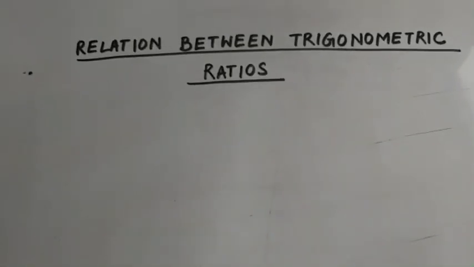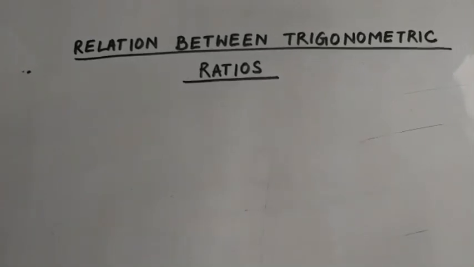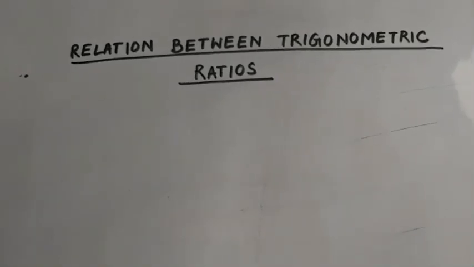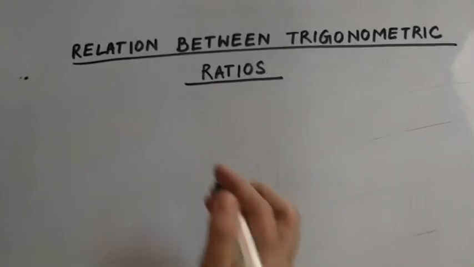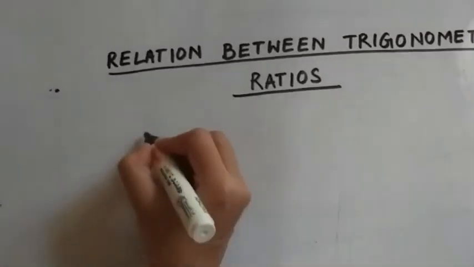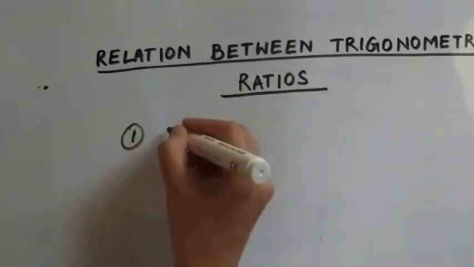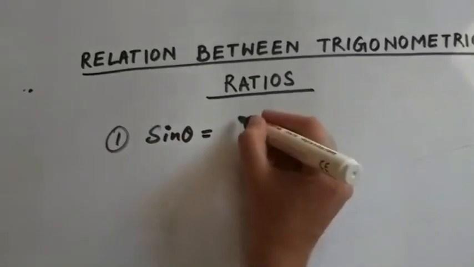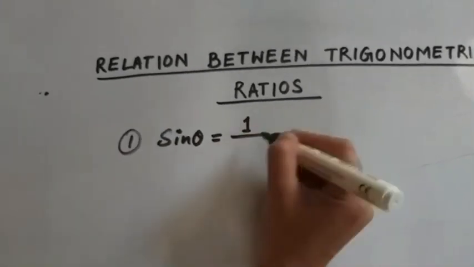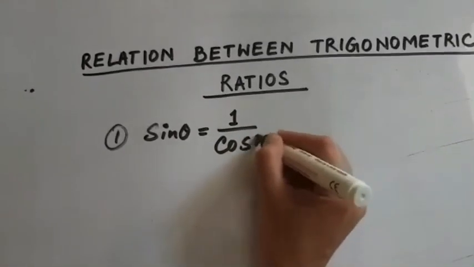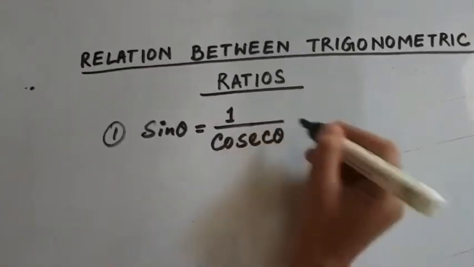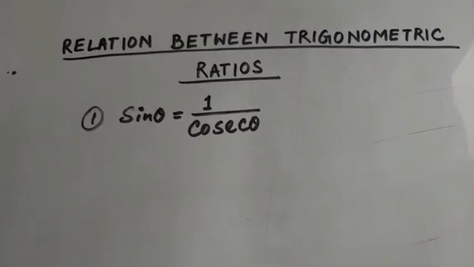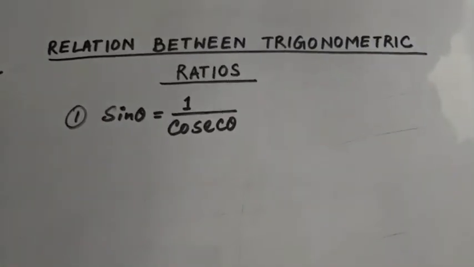Okay students, now we will discuss the relation between trigonometric ratios. Okay. So let's start. Number 1, sin theta equals to 1 by cosec theta. That means sin theta and cosec theta are reciprocals of each other.